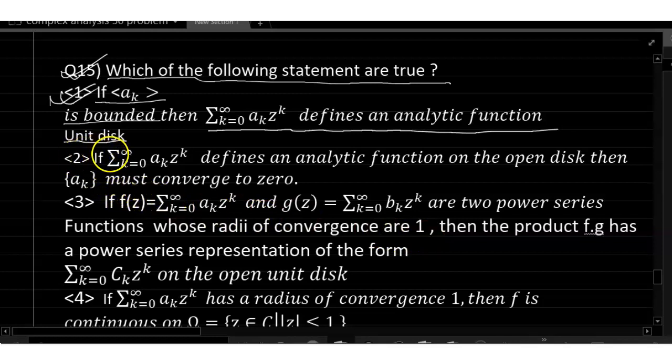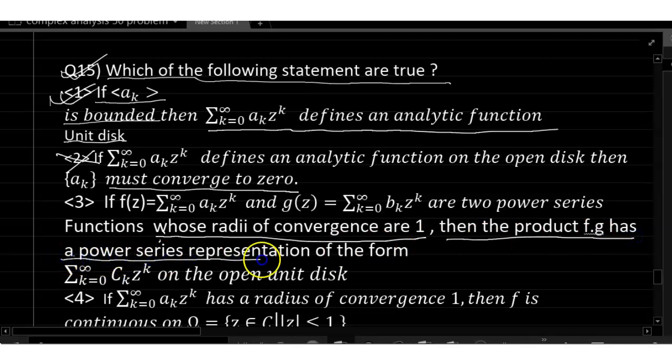Number 2, if the sum of ak z to the power k defines an analytic function on the open disk, then ak must converge to 0. This option is false. Number 3, if f of z equals the sum of ak z to the power k and g of z equals the sum of bk z to the power k are two power series whose radius of convergence is 1, then the product fg has a power series representation on the open unit disk.